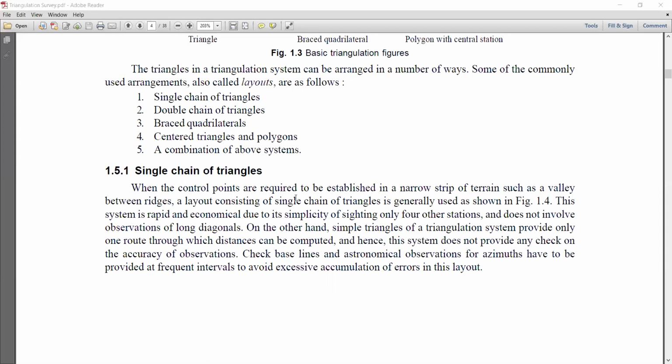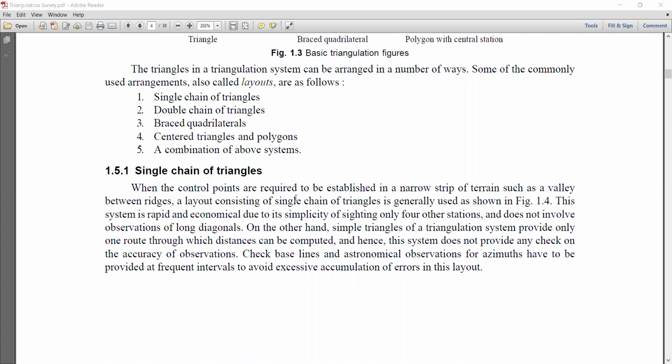Usually in a valley or mountain place, these types of triangles can be used. This system is rapid and economical due to its simplicity of siting only four other stations and does not involve observation of long diagonals. On the other hand, the simple triangles of a triangulation system provide only one route through which distance can be computed.